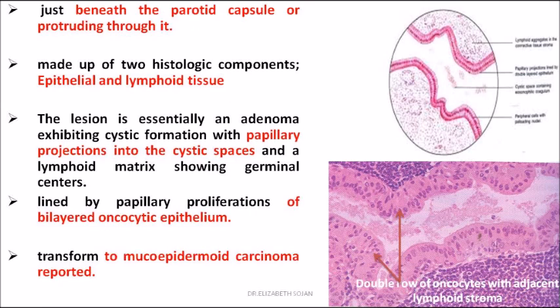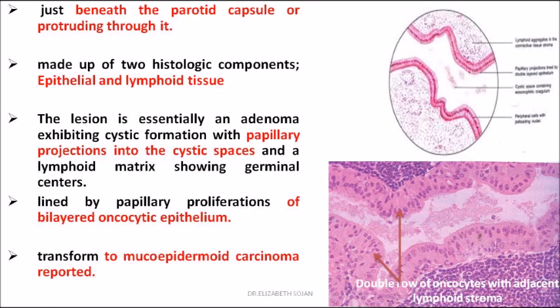That is why that blank white space, in that first picture, is actually the cystic spaces, and adjacent to it there are two papillary projections into the cystic spaces, and just adjacent to it you can see lymphocytes. Clear? In that high power you will be able to make out the double row of oncocytes with lymphoid stroma. The purple color is the small lymphocytes, and the arrow mark is pointing towards the papillary projections into the cystic spaces.